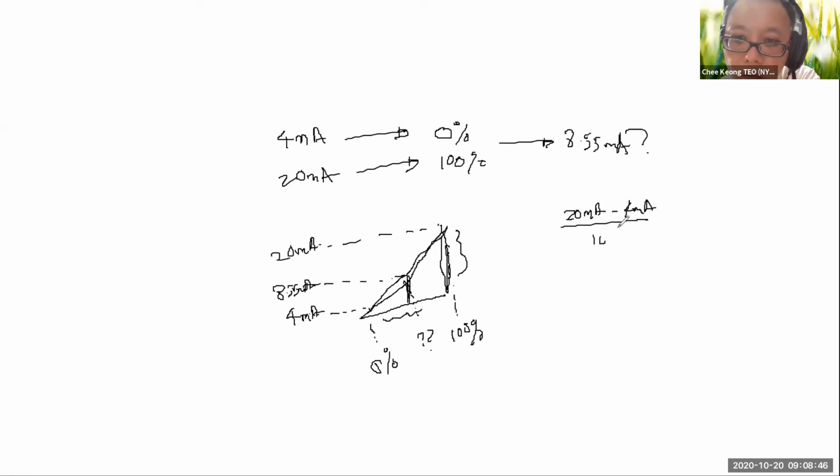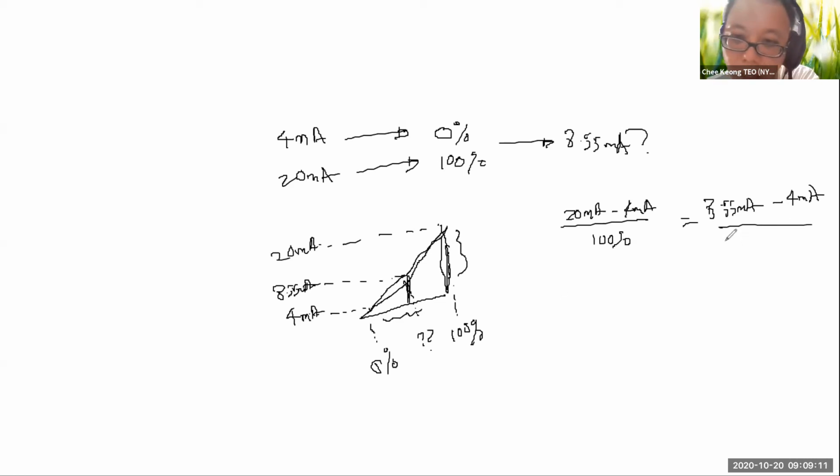This first triangle must equal the slope of the second triangle. The second triangle will be 8.55 milliamp minus 4 milliamp divided by, I don't know what this is.